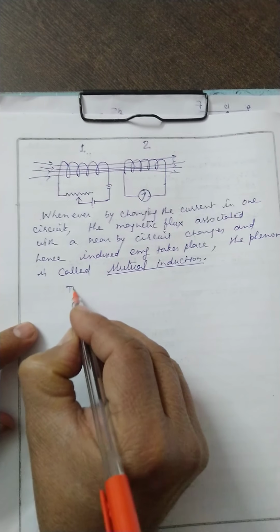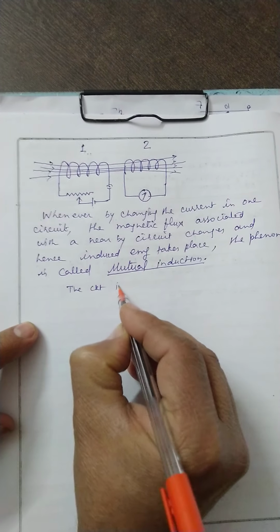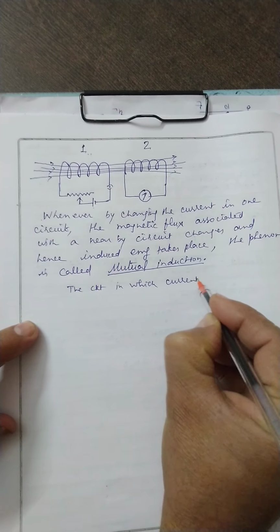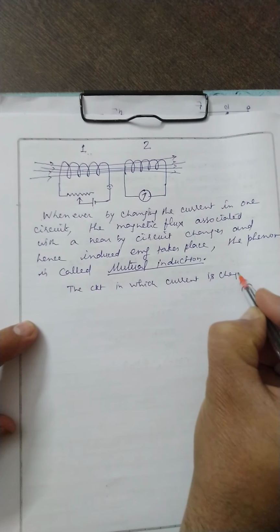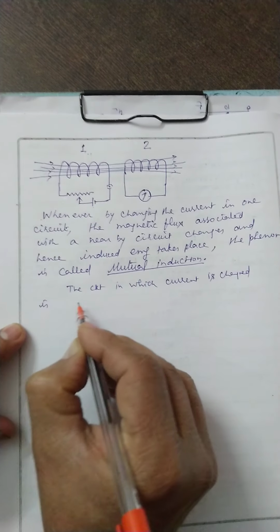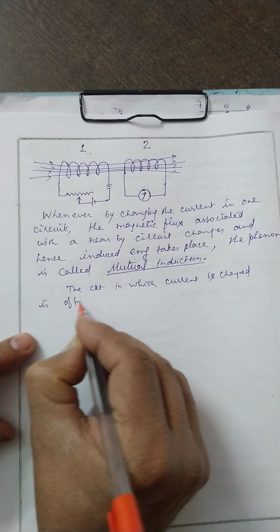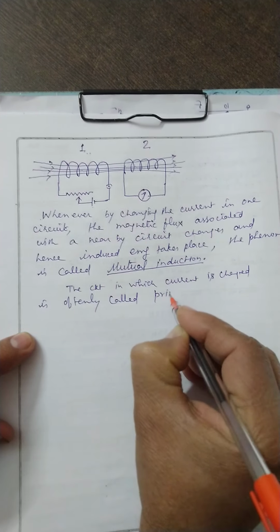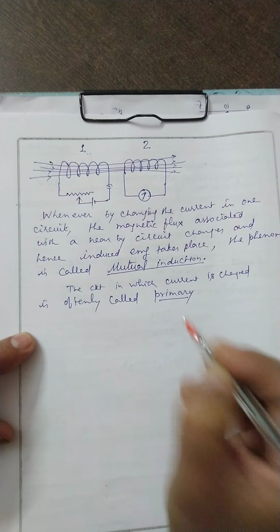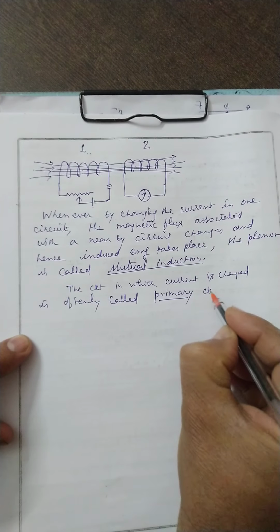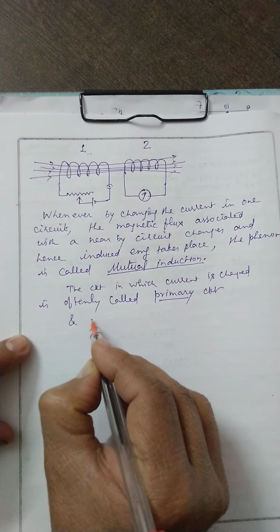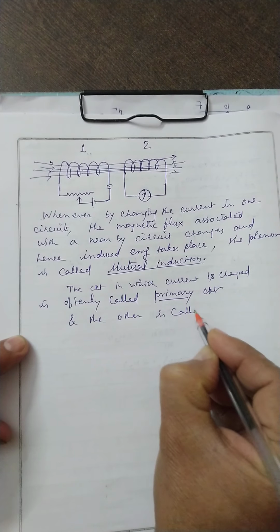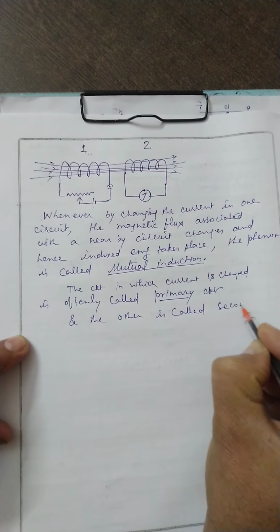The circuit in which current is changed is normally called the primary circuit, and the other nearby circuit is called the secondary circuit.